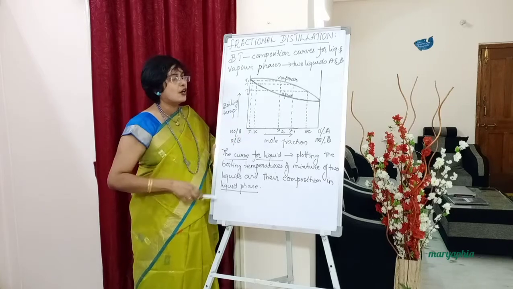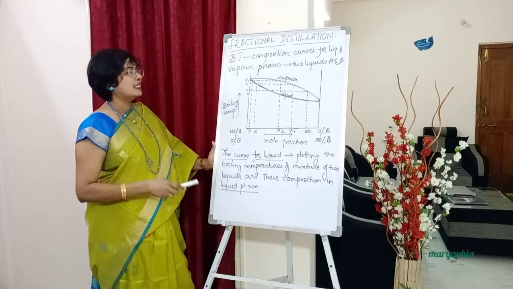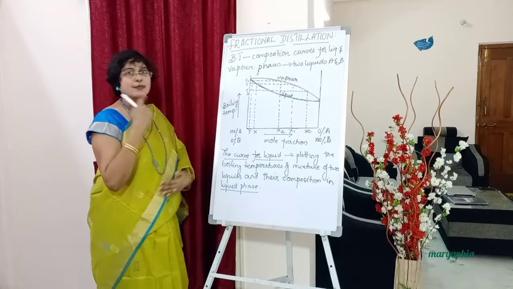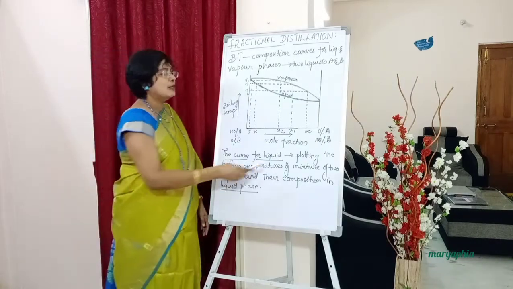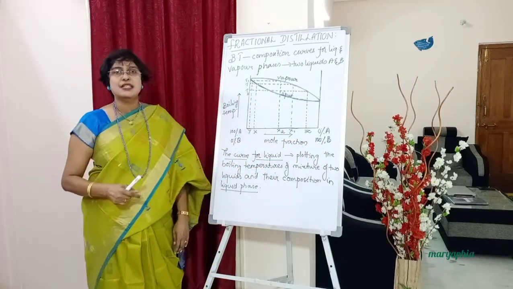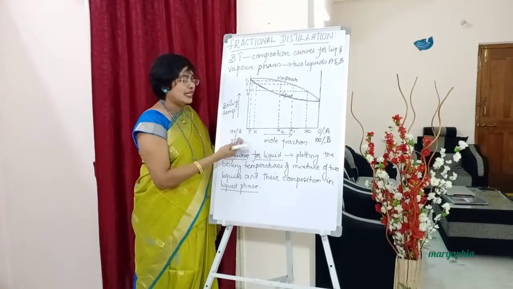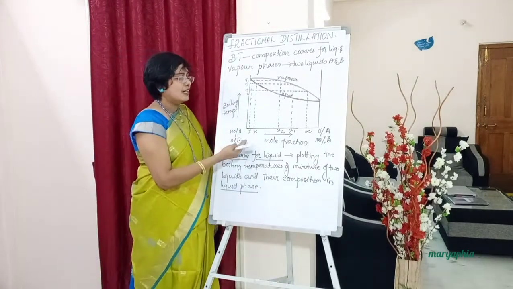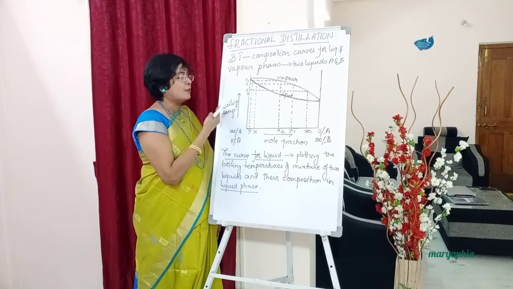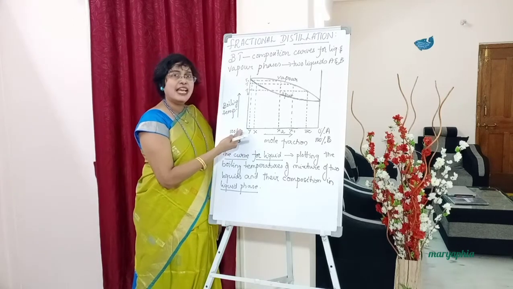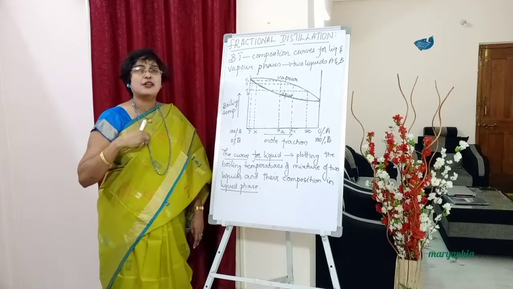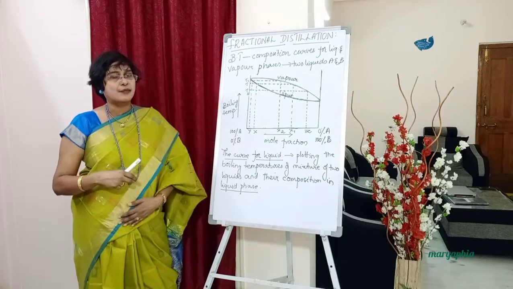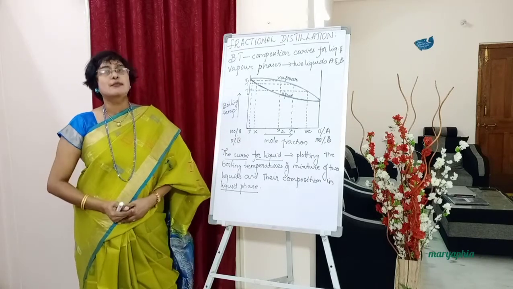By the time we reached here, A has become 0% and B has become 100%. Therefore, at various compositions of A and B, we plot the boiling temperature at which various compositions of the two liquid components A and B are being heated or boiled.